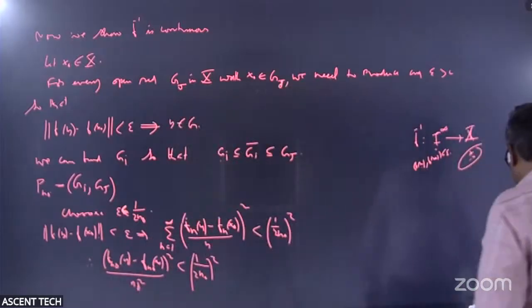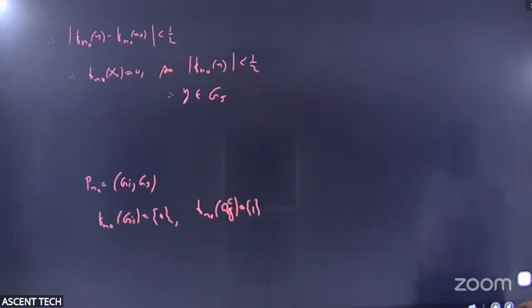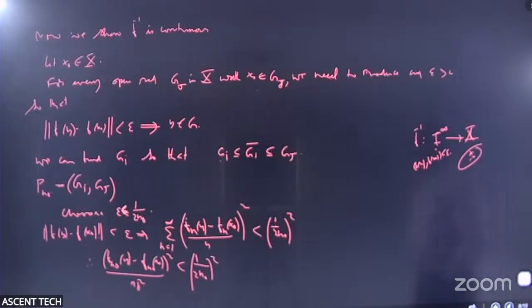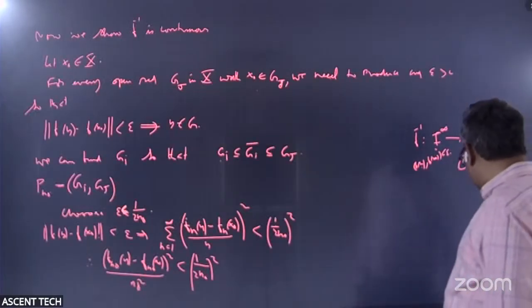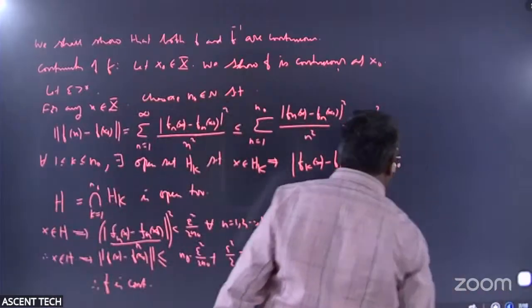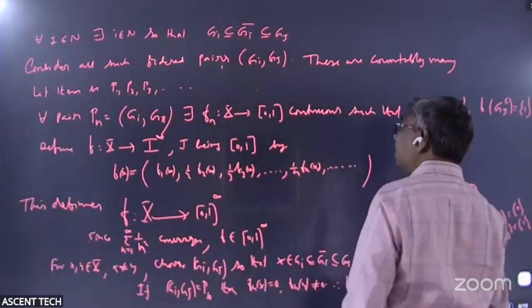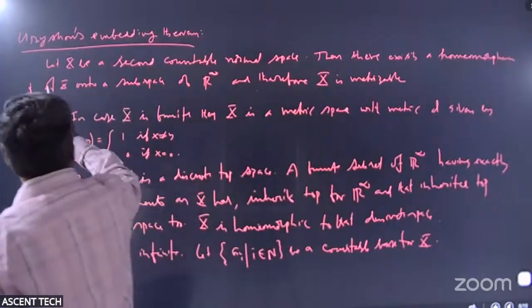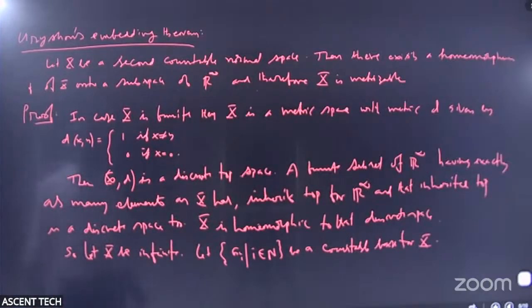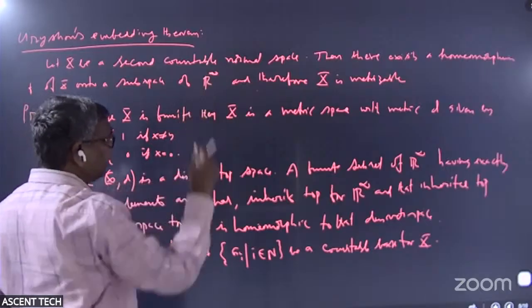So let us look at the essence of what we have done. The essence of this is that any second countable normal space is homeomorphic to a subspace of I infinity, actually R infinity, doesn't matter.